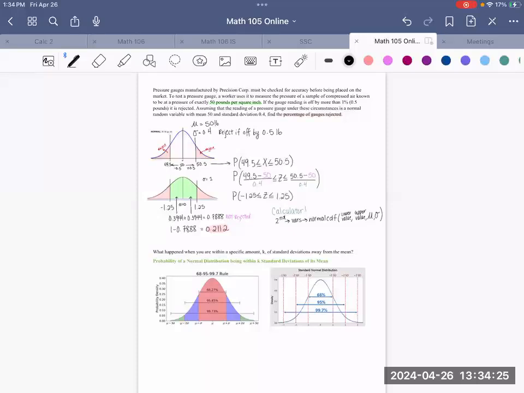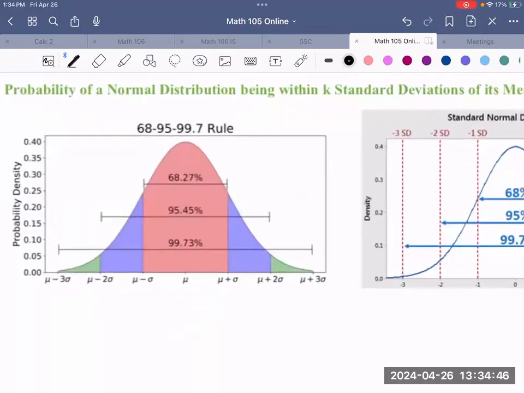Let's see. So we can actually use that for any sort of Z table or X table that we're going to be using. So feel free to use that calculator. So it says, what happens when you're within a specific amount of K standard deviations? So keep in mind, we're still working with your normal density curve.